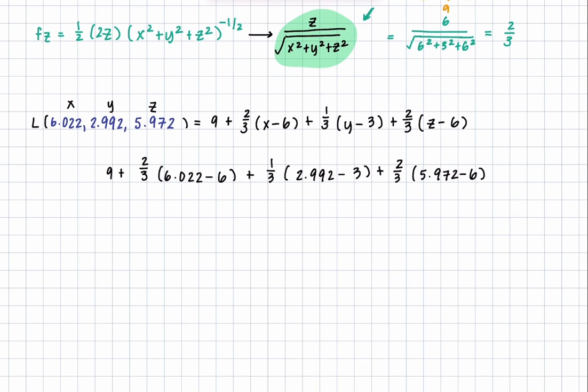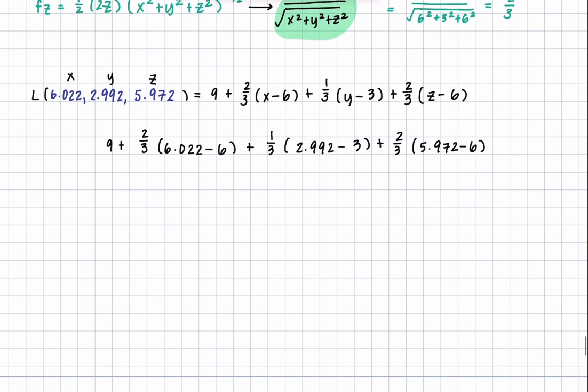If I plug this into my calculator, I get that L of x, y, z is approximately 8.9933, which is pretty close to our actual value.